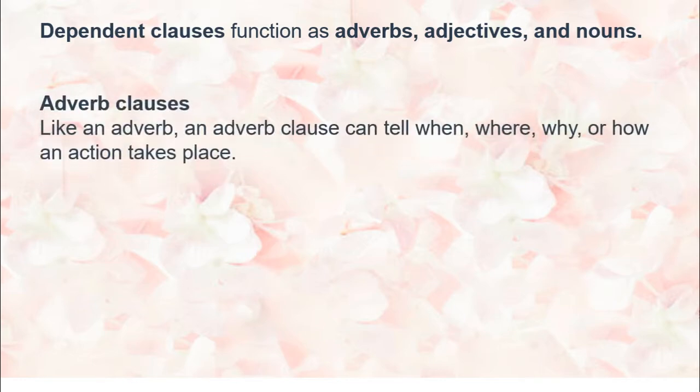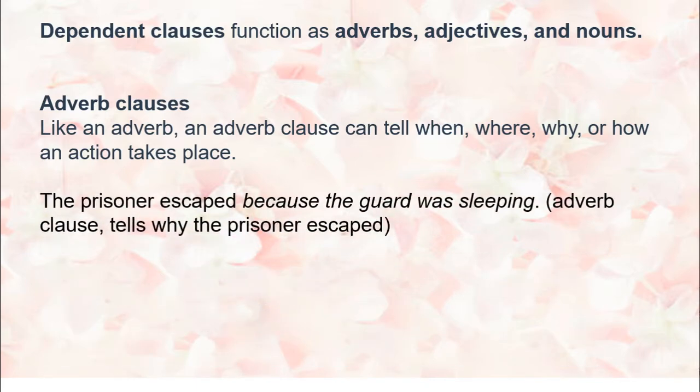Dependent clauses function as adverbs, adjectives, and nouns. So, adverb clauses. Like an adverb, an adverb clause can tell when, where, why, or how an action takes place. For example, the prisoner escaped because the guard was sleeping. So this is an adverb clause.